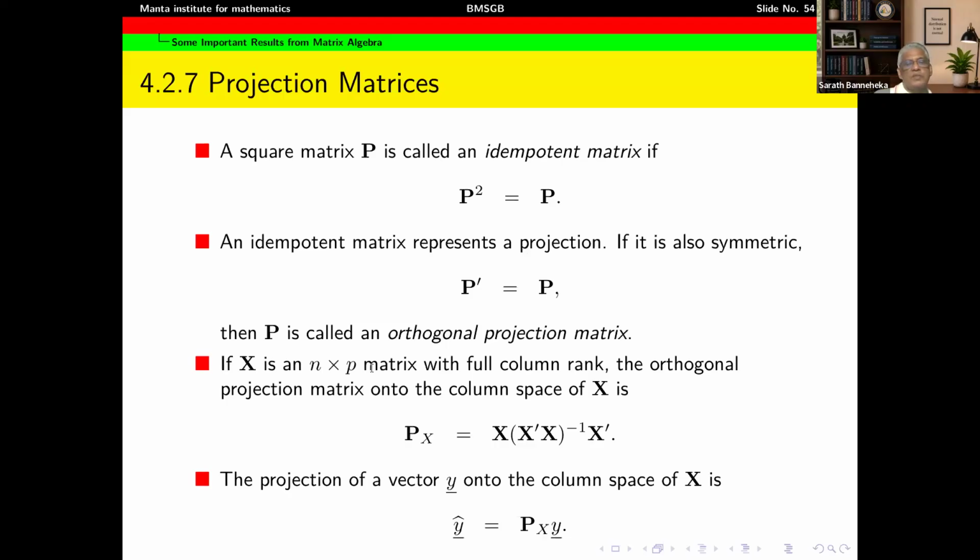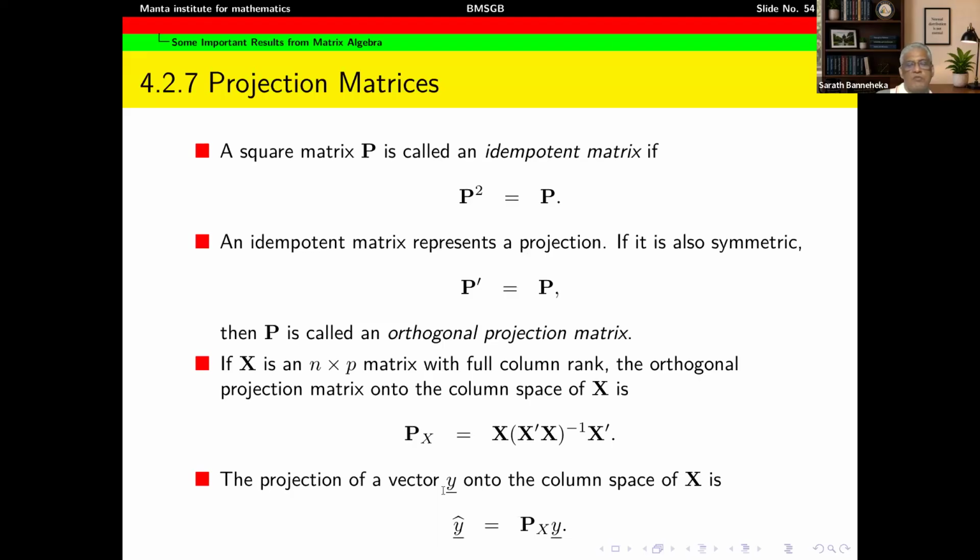If X is a matrix with full column rank, the orthogonal projection matrix onto the column space of X is given by X times X transpose X inverse X transpose. That is the orthogonal projection of a matrix. Right? X is a matrix. And then if you multiply, this matrix is an orthogonal projection matrix.